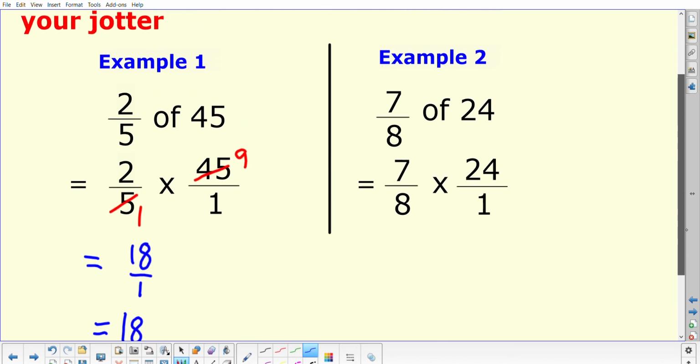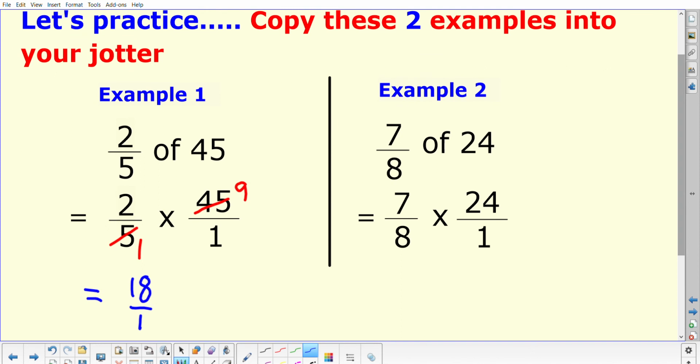The second example, you're doing 7/8 of 24, that's the same as 7 over 8 times 24 over 1. And again, looking for what can you cancel. You can cancel between the 8 and the 24. So 8 into 8 is 1, 8 into 24 is 3.